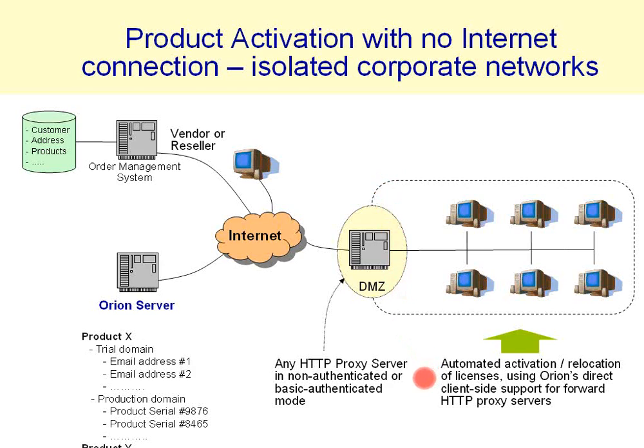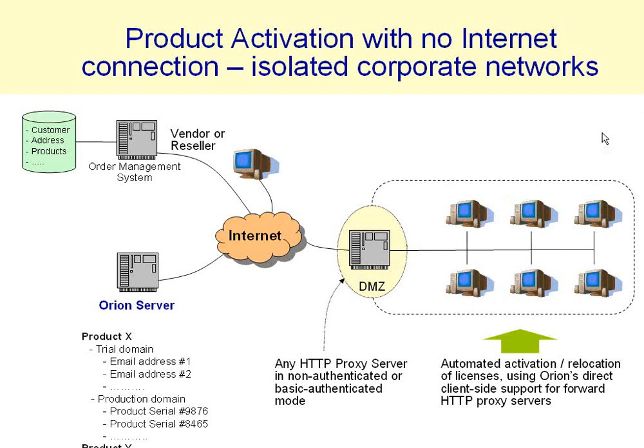The first of which is that there is direct client-side support in Orion for appropriate forward HTTP proxy servers. So if there's an appropriate proxy server available on that customer's network, then the Orion client can use that to punch out and connect to the hosted Orion server for automatic activation and relocation.